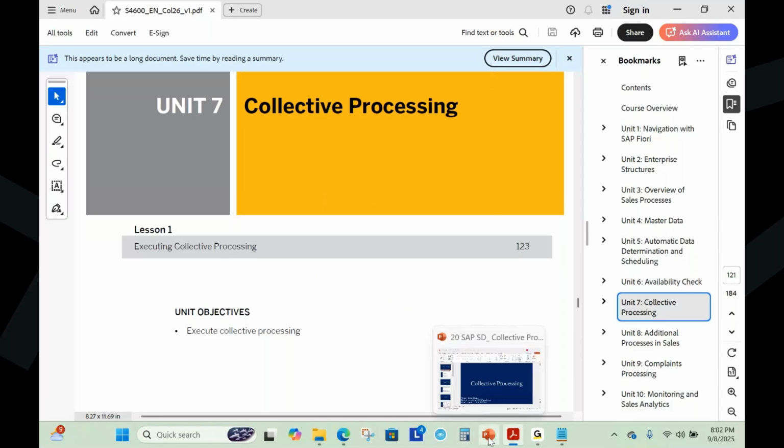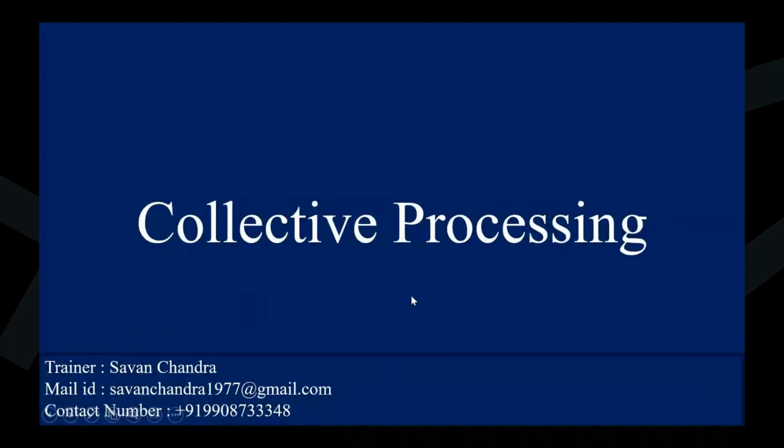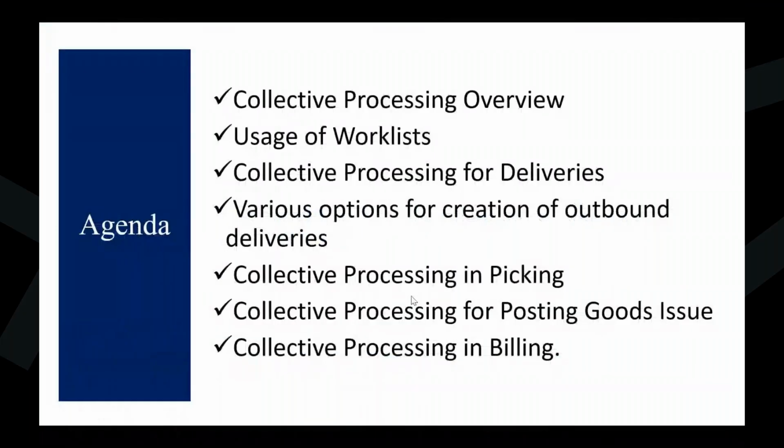So in the collective processing, we will understand the collective processing overview: what is collective processing, why it is used, and the usage of work lists. Then collective processing for deliveries, and various options for creation of outbound deliveries.